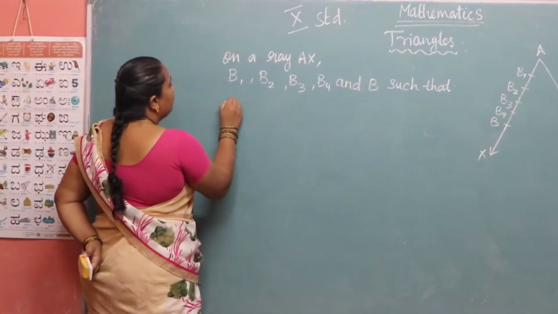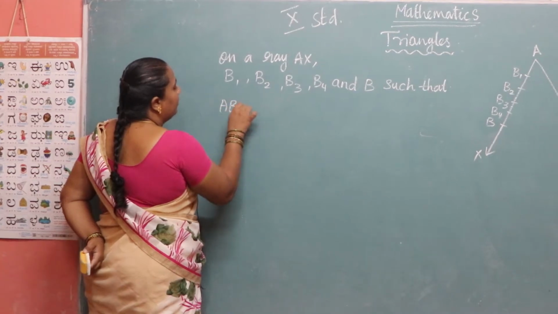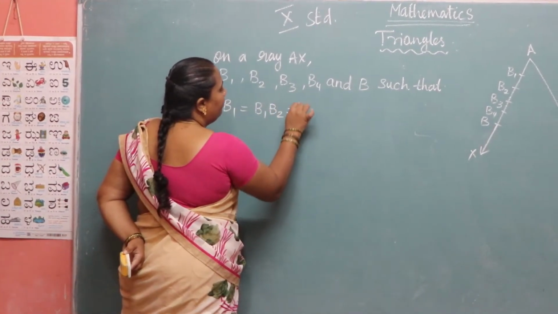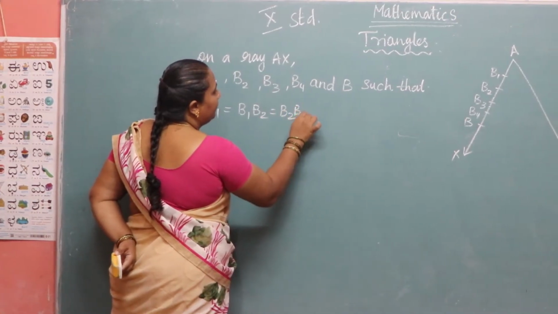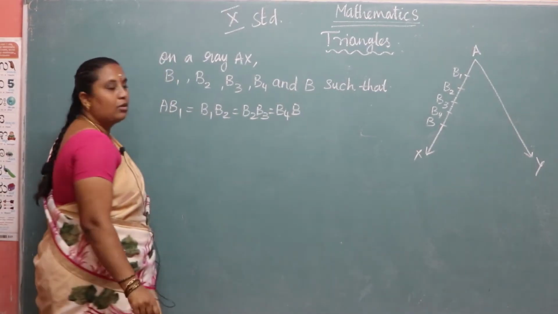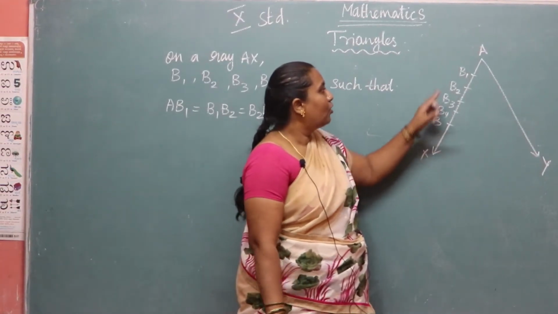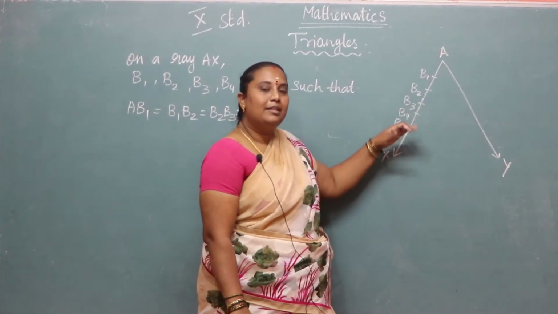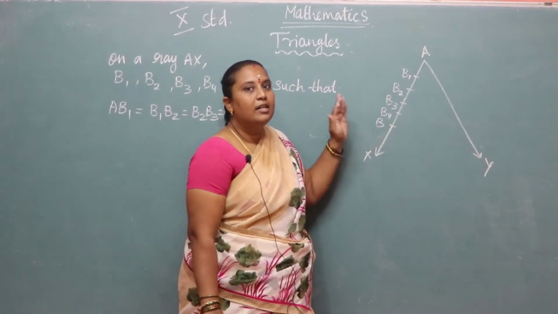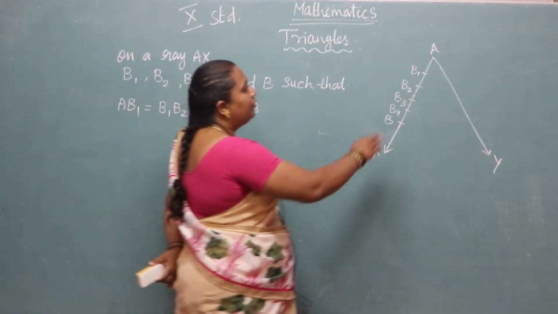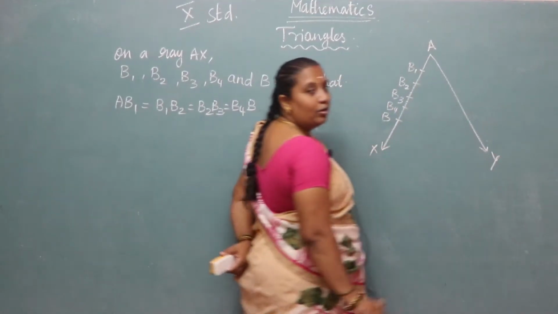That is, AB1 equals B1B2 equals B2B3 equals B3B4 equals B4B. So all the points on the ray AX have the same distance between them, or equal. Then we should take a ray AY.